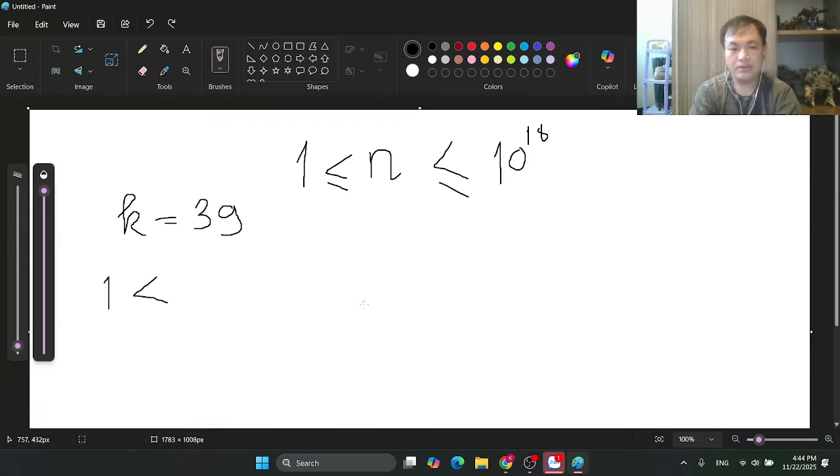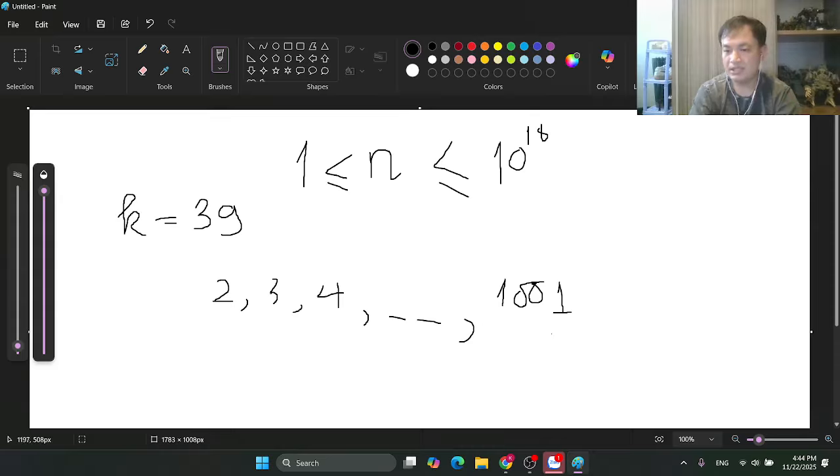So you have all of these integers: 2, 3, 4, 5, up to 1001. So how to find k plus 1? You can pick some numbers in here.